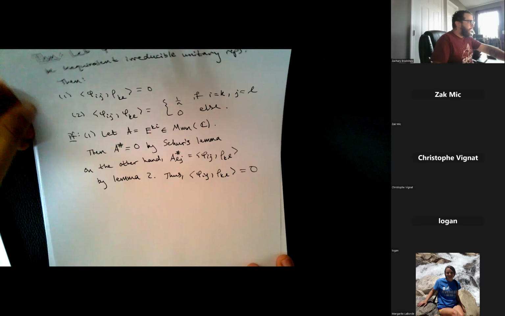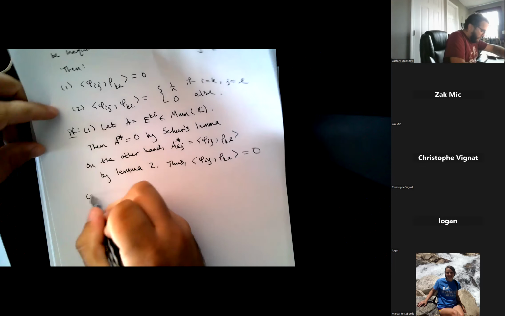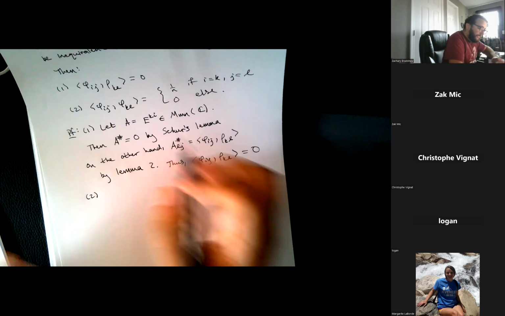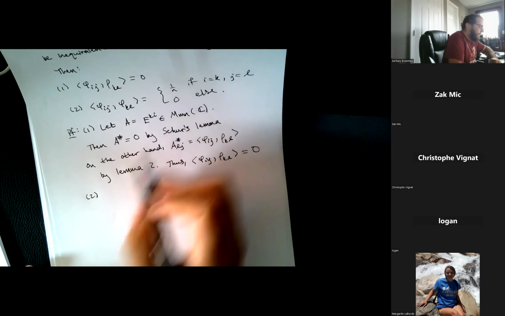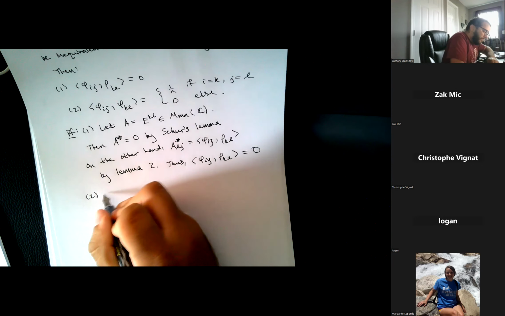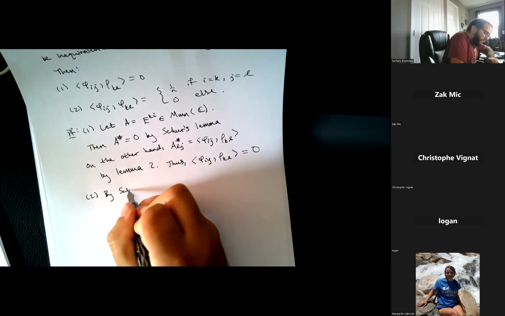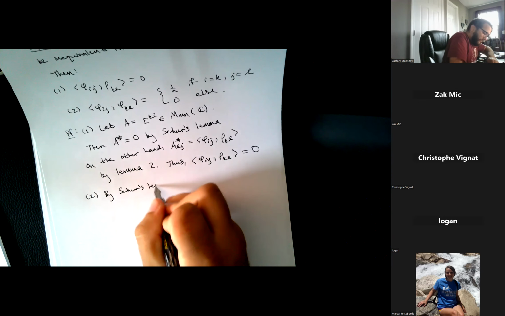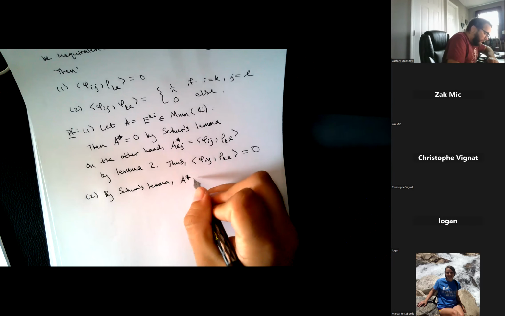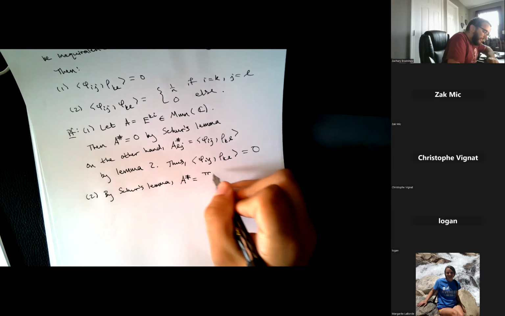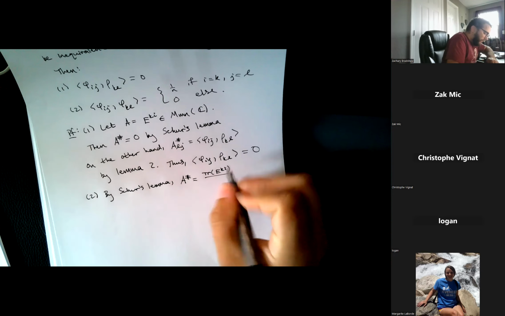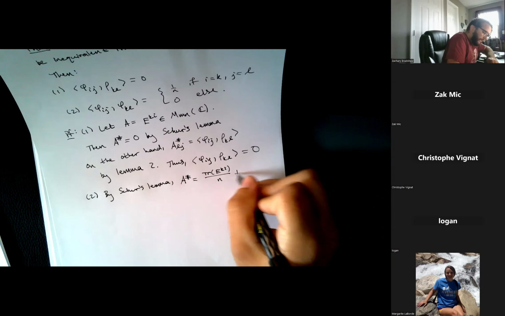Okay. What about the second part? All right, so let's have A equal to E_KI again. And let's apply Schur's lemma one more time. So by Schur's lemma, the twirl of A must be equal to the trace of E_KI over n times the identity.